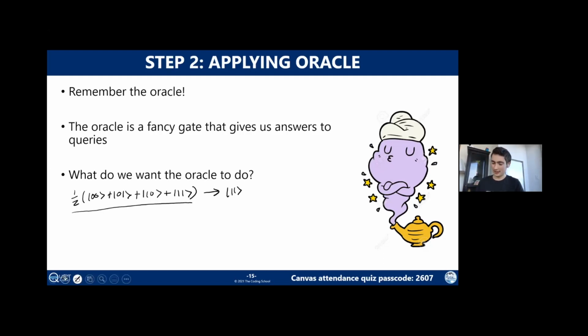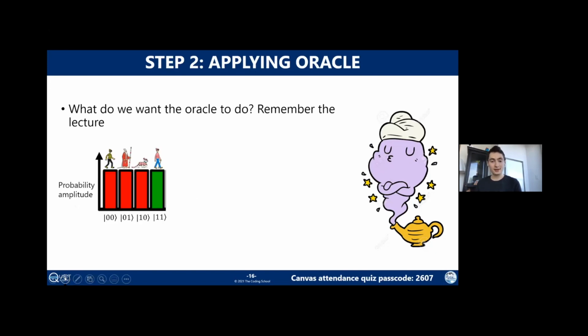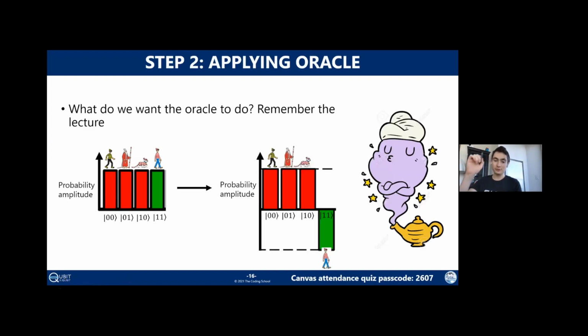So if I go to the next slide here, you probably already heard the answer in lecture, but hopefully this helps motivate it a little bit. What we're going to do is flip the sign on the target element, right? If we started off with this uniform superposition, note that all of the coefficients were positive. We are going to transform that into the same thing, the same probability amplitudes, but we'll flip the sign on the one we care about, which in this case is going to be Waldo.